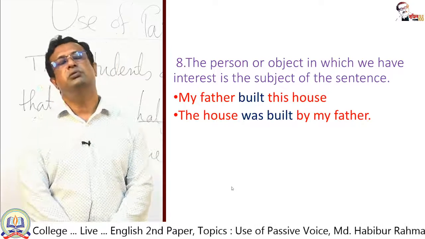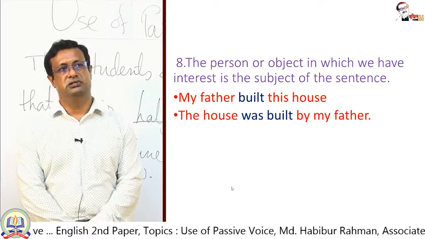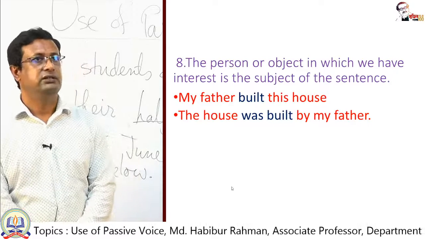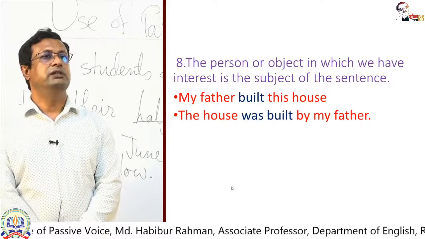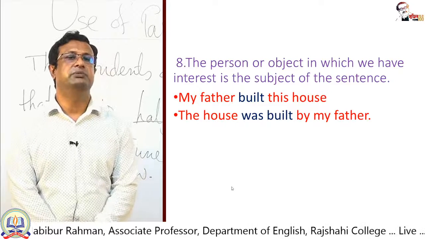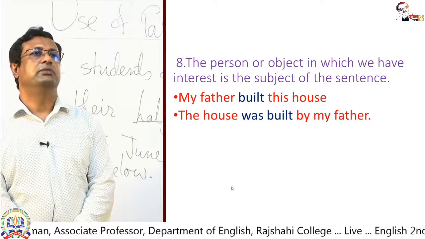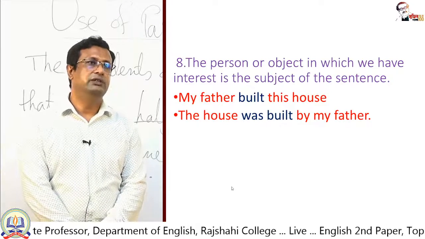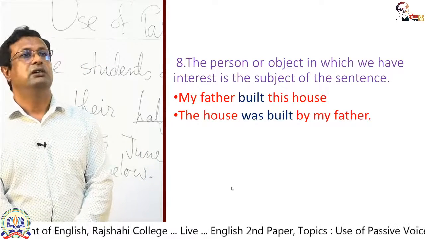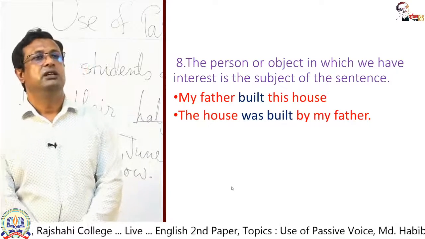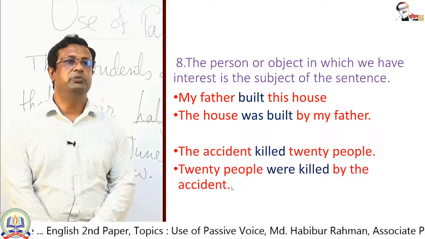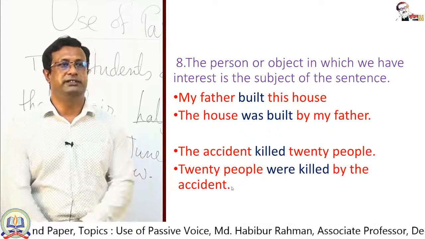So, when we want to talk about the house, we don't bring our father first; we bring the house first. That is why "the house was built by my father" is the right or proper use when we want to focus on the house. Next, "The accident killed 20 people," or "20 people were killed by the accident."